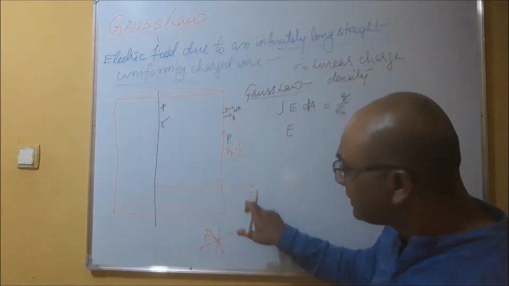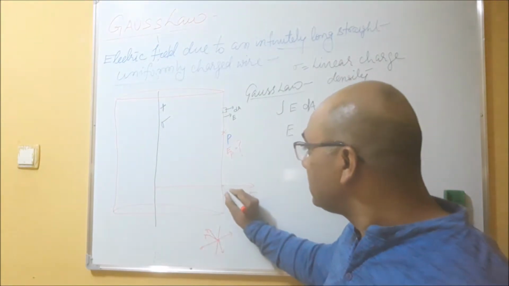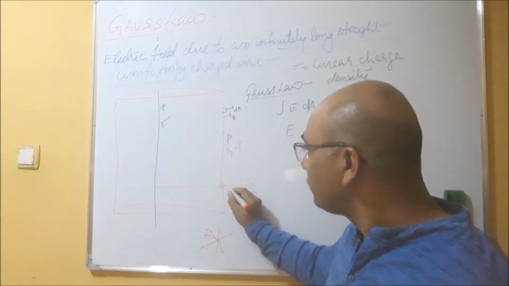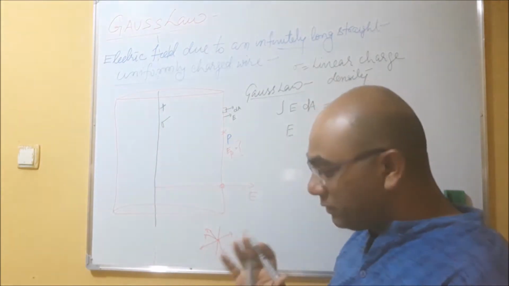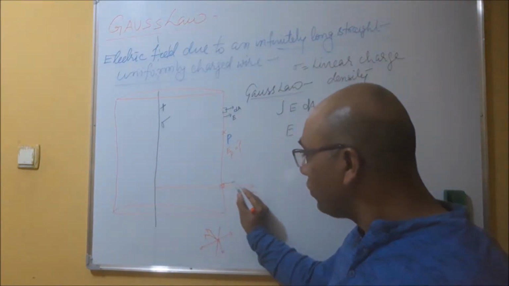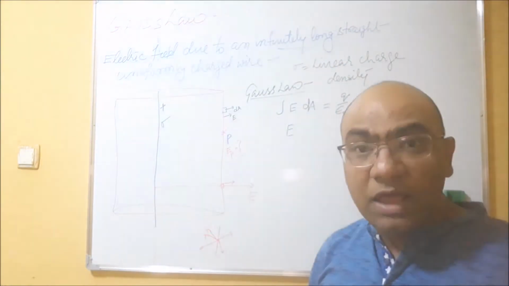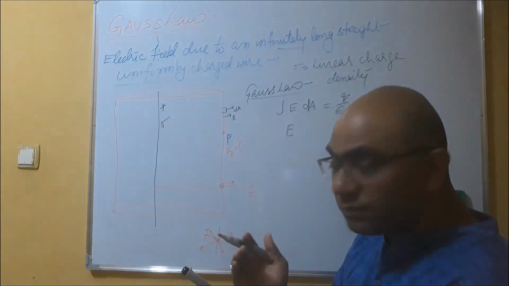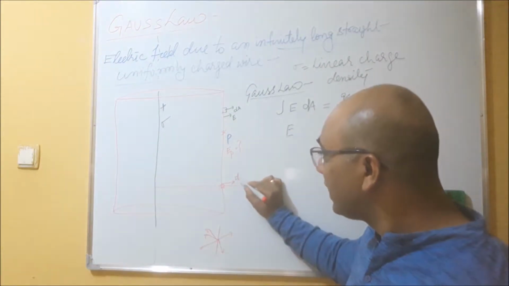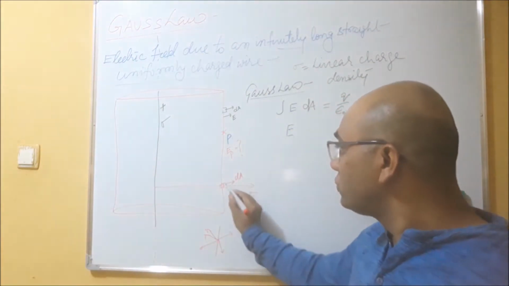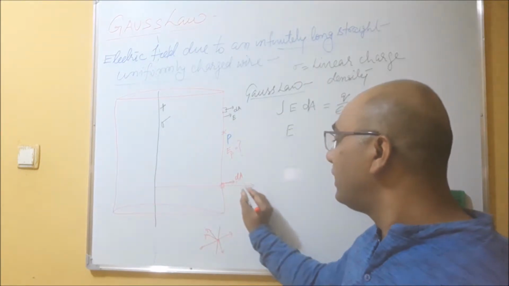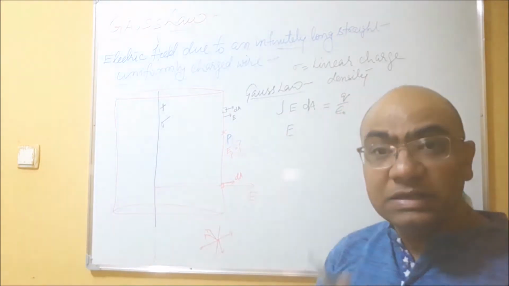So when it goes axially, and this is the area, the perpendicular direction for this area will be this, and we know that the direction perpendicular to the surface shows the direction of the area. So you see the direction of dA and the direction of E is the same.